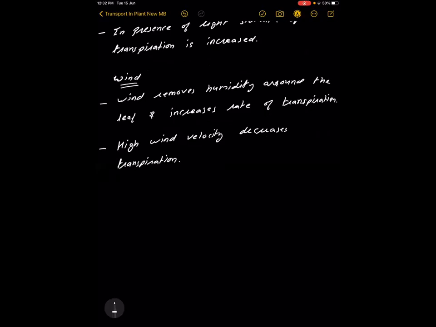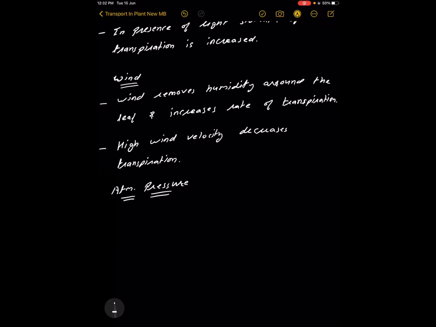Pressure, atmospheric pressure. Generally, as we go up on hills, atmospheric pressure decreases.